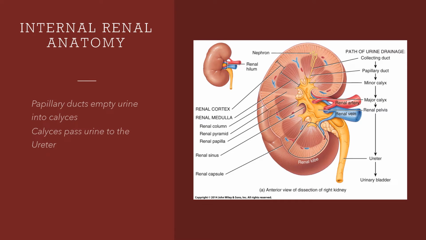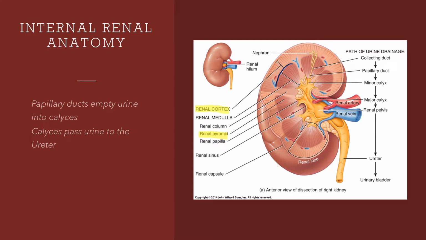Here we can see a nice detailed anterior view dissection of the right kidney. Here we can see the renal pyramids, and the base of each pyramid, which is the wider end, faces towards the renal cortex.